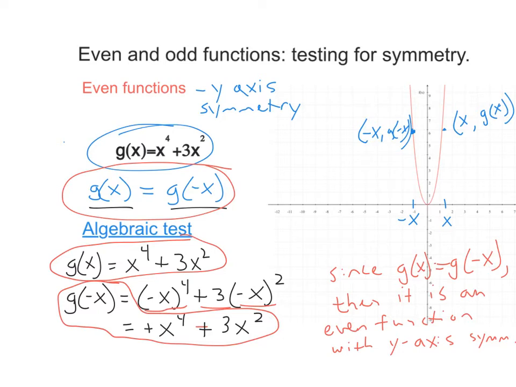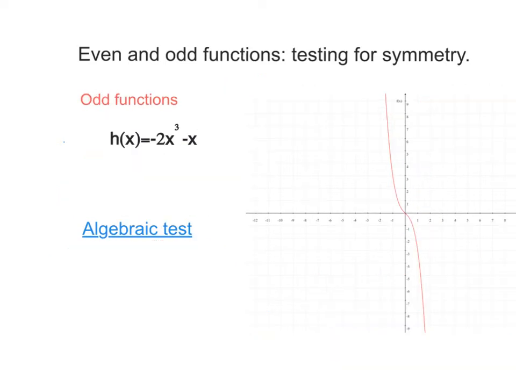The same idea is going to hold for an odd function. So here, an odd function you might expect to have odd exponents. And so we have x cubed, that's an odd number. x to the 1st, that's an odd number. So I'm going to think this is an odd exponent, or an odd function. If I graph this, we find that when we compare an x, there's our x, and our y value would be g of x.